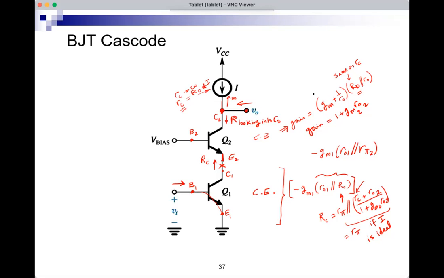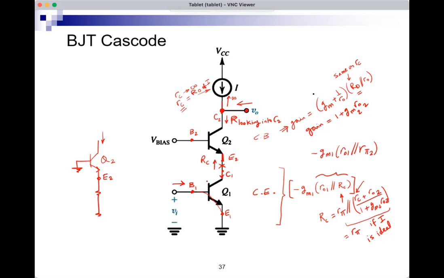What is the resistance between the emitter of Q2 and ground? This resistance between the emitter of Q2 and ground is the resistance seen looking into the collector of Q1 and ground. And when I'm doing output resistance calculation, there's no signal at the input.